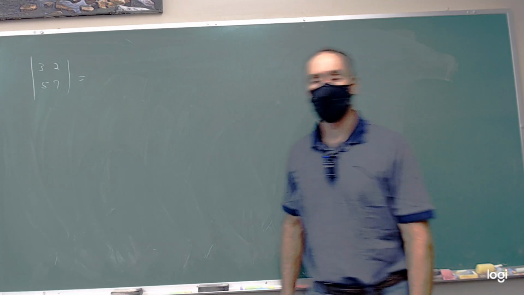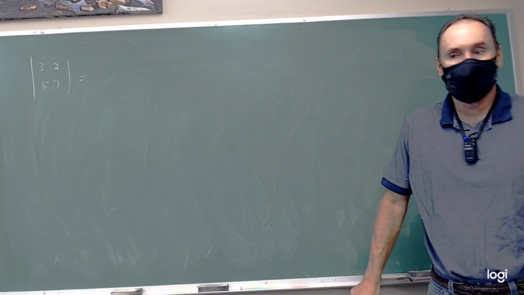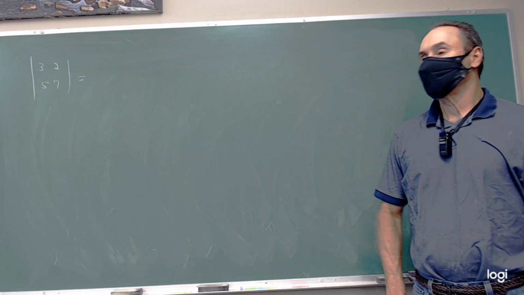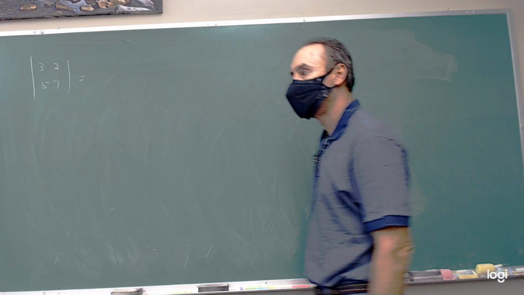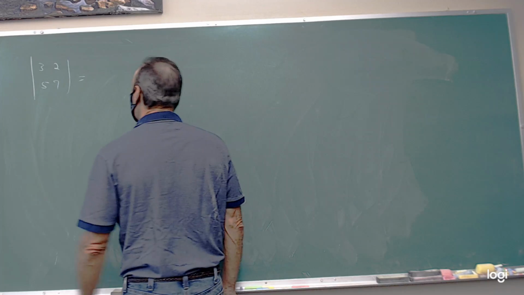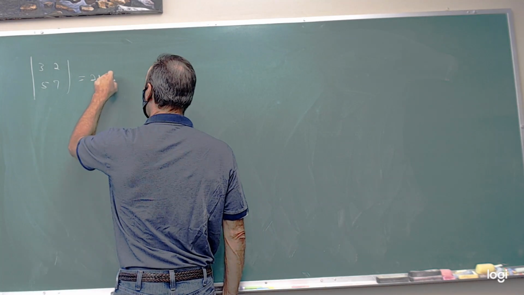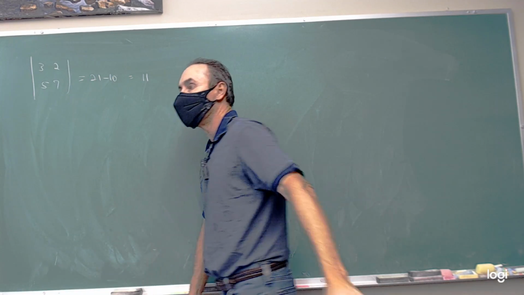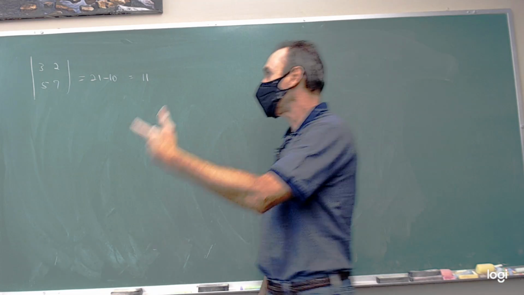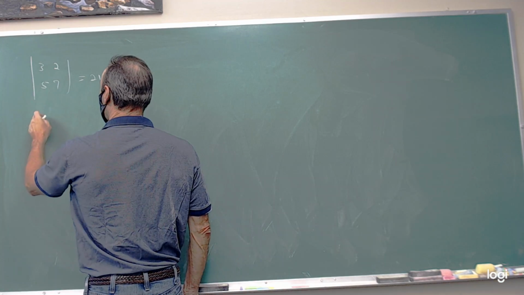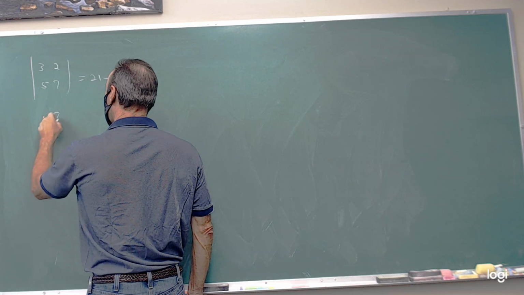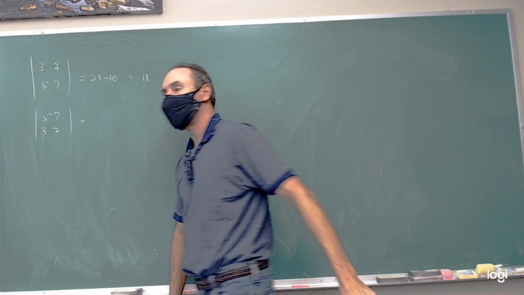So I'll let you do it, give you a moment, and then we'll see if we agree. We had 11. So let's see if we switch a row. So I just moved the 3, 2 to the bottom and the 5, 7 to the top. Now evaluate that.